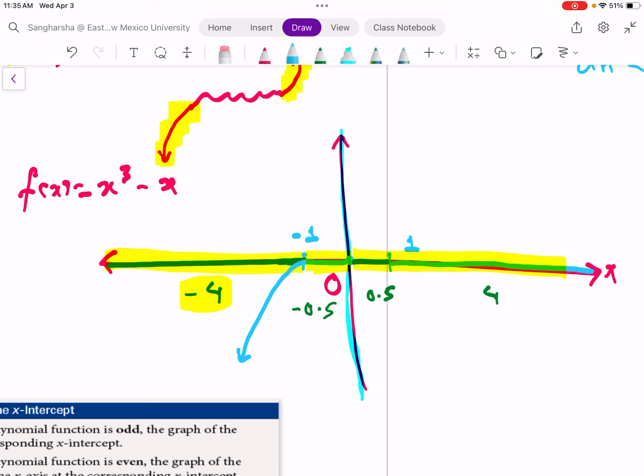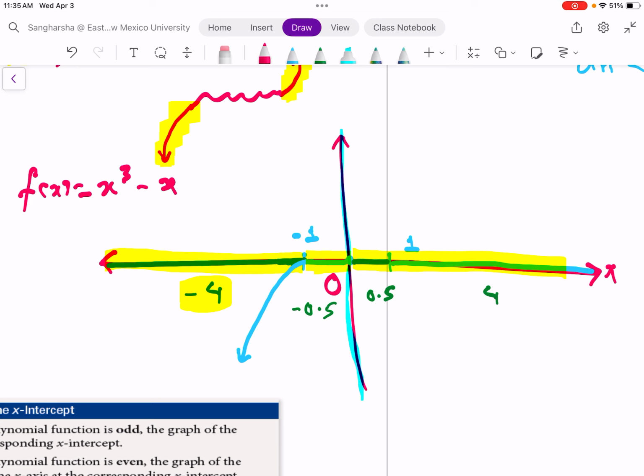So negative 1/2 times negative 1/2 is positive 1/4, right? Times negative 1/2 is negative 1/8, right? So we have negative 1/8 minus negative 1/2. So that's negative 1/8 plus 1/2. Do we get positive or negative? We get positive, right? 1/2 is 0.5 and 1/8 is less than 0.5. So we get positive. It means our graph goes above the x-axis.